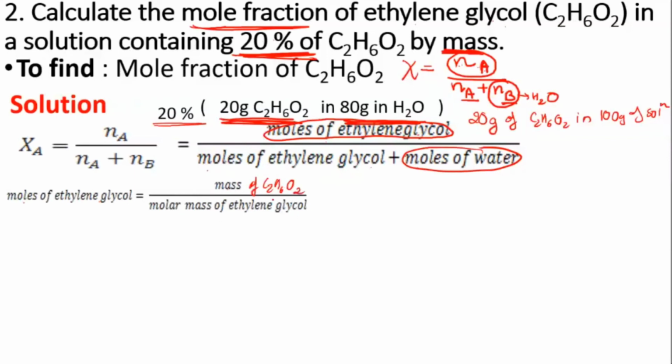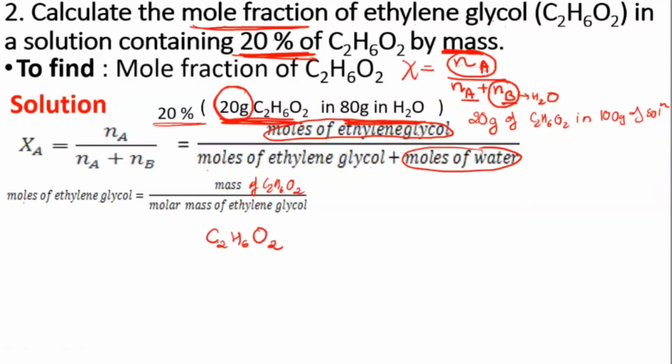Mass of ethylene glycol you got here is 20 gram. The molar mass of ethylene glycol is not given anywhere. You need to calculate that. You remember how to calculate molar mass, correct? The formula C2H6O2 is given to you, so this will make your job easier.